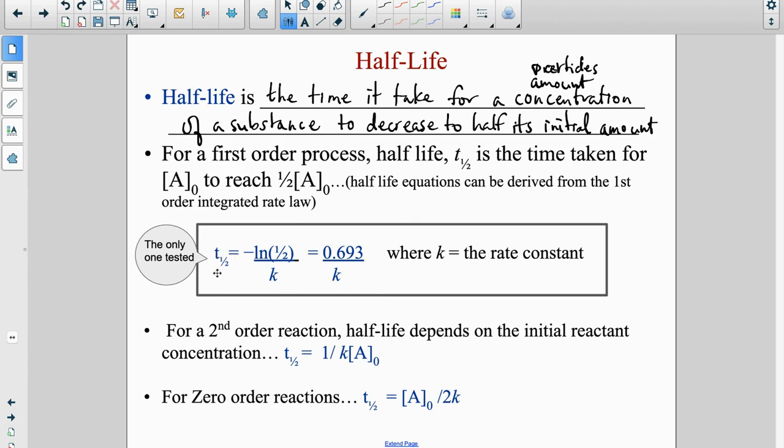So this symbol right here represents the half-life, okay? And the first order half-life is just this quantity right here, 0.693 over K, where K is the rate constant. So you can see that if you have K, you can get the half-life. And if you have the half-life, you can get K for a first order reaction. If it's a second order reaction or a zero order reaction, here are the half-lives. And they do depend on the initial concentrations.